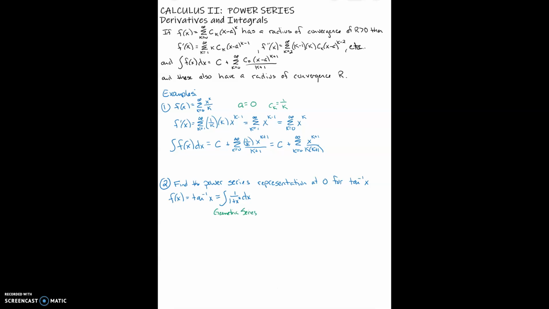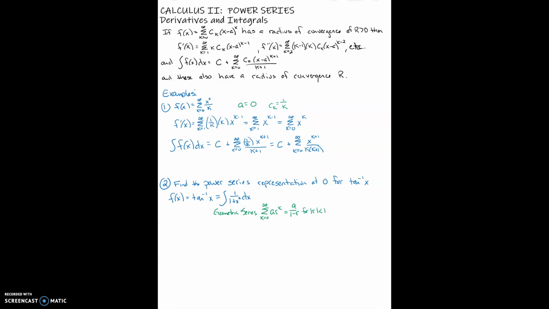Now, if you don't believe me, let me remind you what the geometric series looks like. It's the sum as k goes from 0 to infinity of a r to the k, and it is equal to a over 1 minus r as long as the absolute value of r is less than 1.